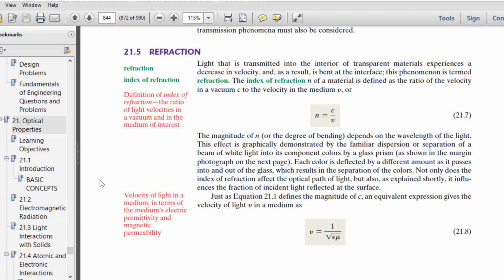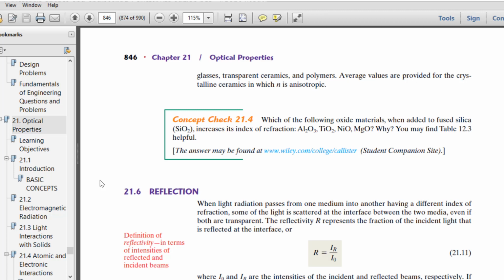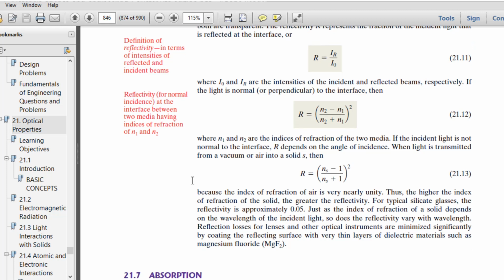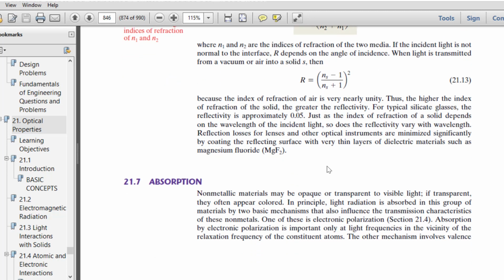Okay, then what is the intensity which is there after the reflection and refraction. Okay, but you do not need to learn these formulas, okay.